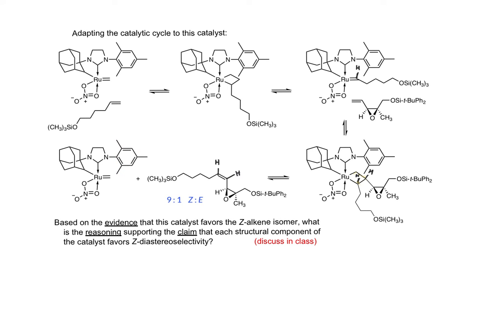Another one of the claims is that the nitrate ligand is key for replacing the chloride. And a third aspect of the claim is having the adamantyl ligand, which serves as an alkyl ligand for ruthenium and a substituent on nitrogen on the N-heterocyclic carbene ligand.